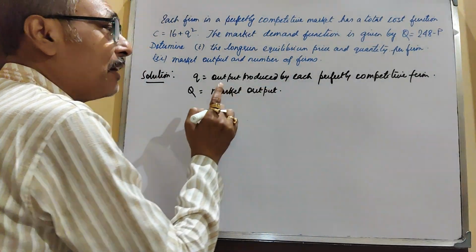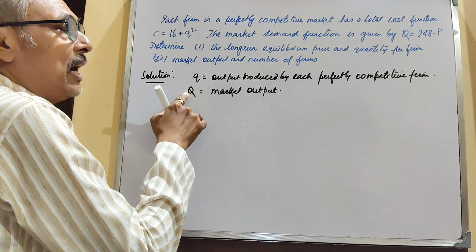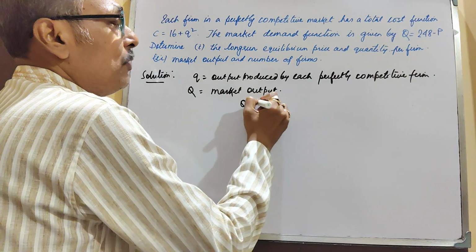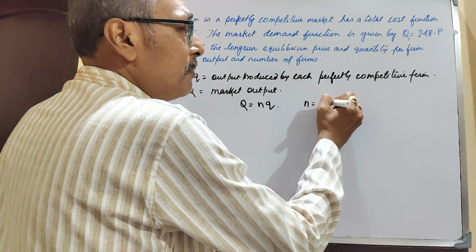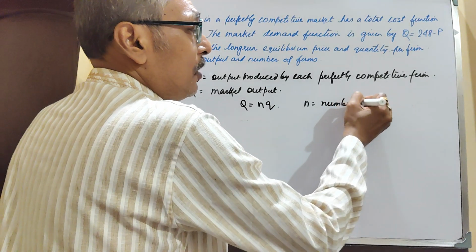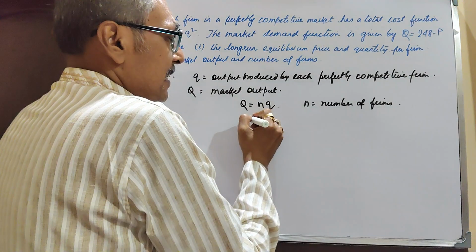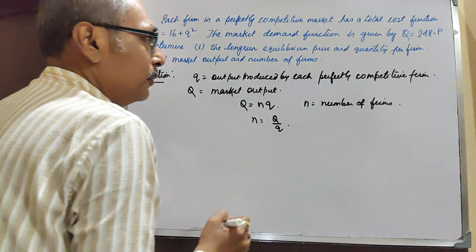Now what is the relation between capital Q and small q? Capital Q is n into small q, where n is the number of firms. That is, n equals capital Q by small q.